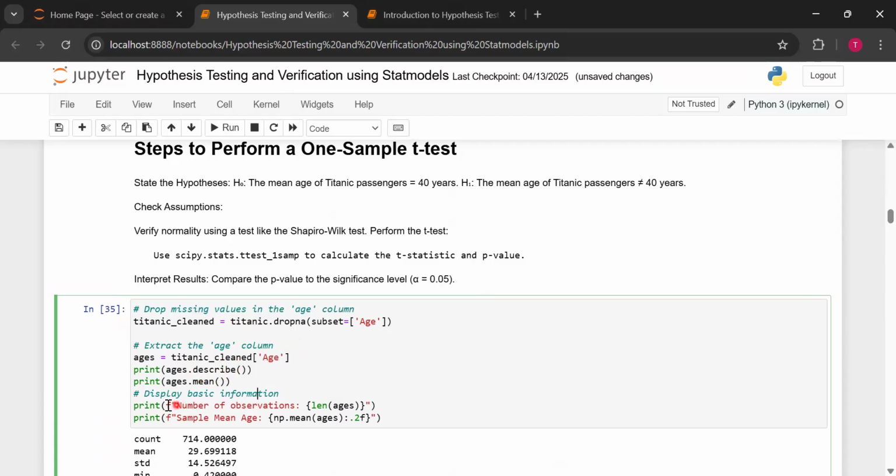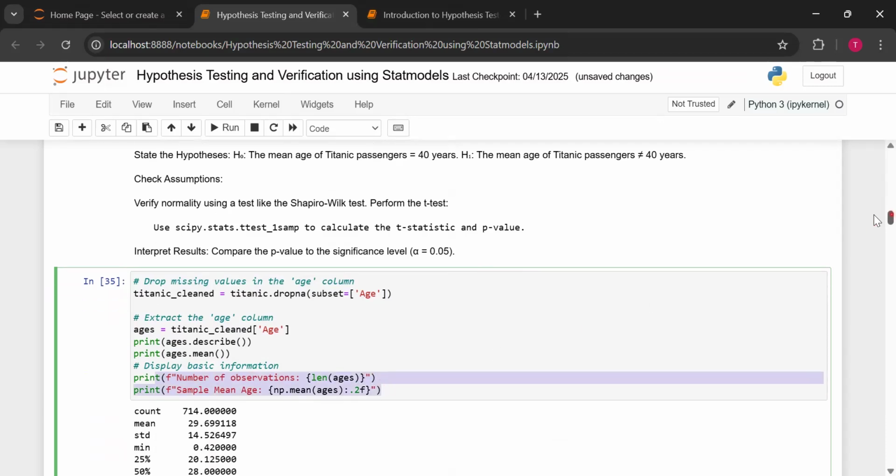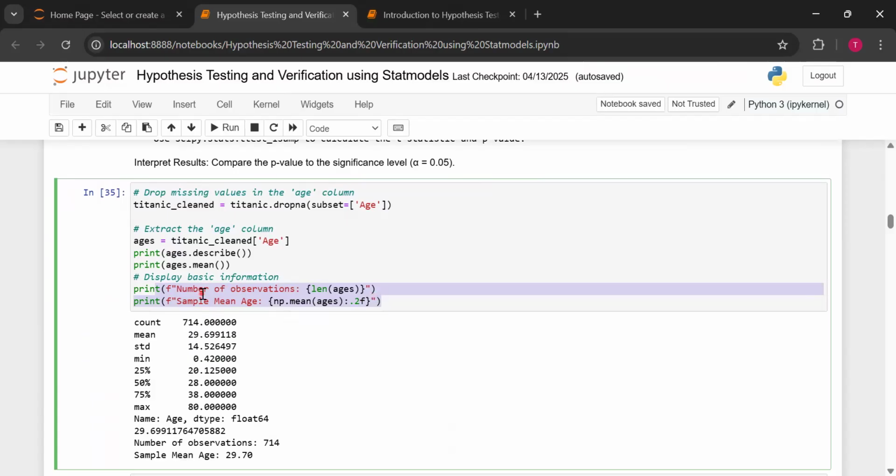Once you have done that, you may want to print out a basic summary of the scores. Again, you say print number of observations. We saw that you can just take the length of the data set, which gives us the count: 718, or 714 after we have dropped the missing data.